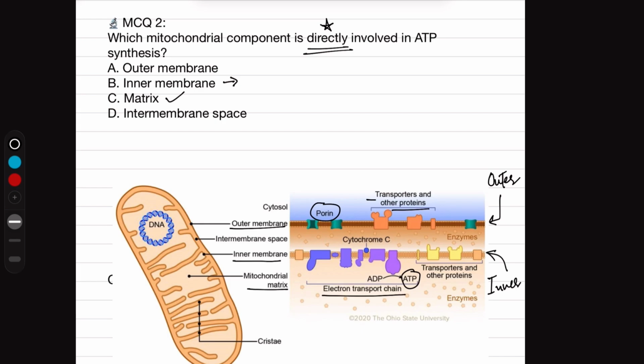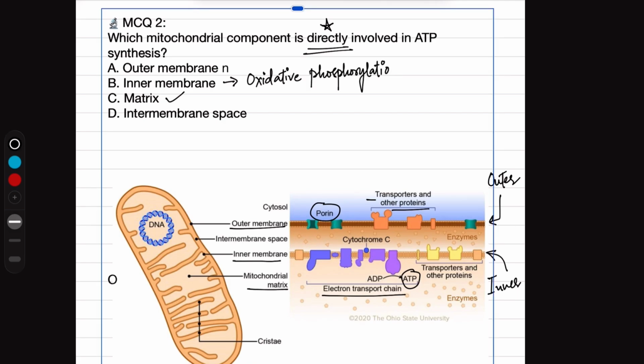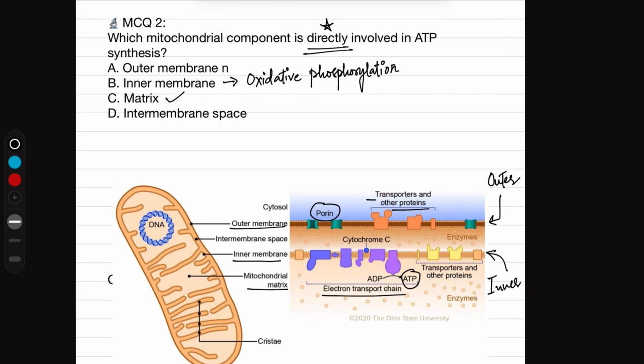In the question you have to emphasize the word directly: which one of the mitochondrial components is involved. So the inner membrane is involved, where oxidative phosphorylation and the electron transport chain take place, and it also has an enzyme called ATP synthase. So direct involvement in ATP synthesis takes place on the inner membrane of mitochondria.